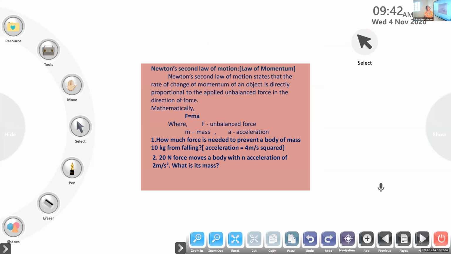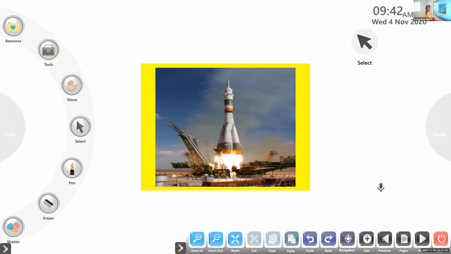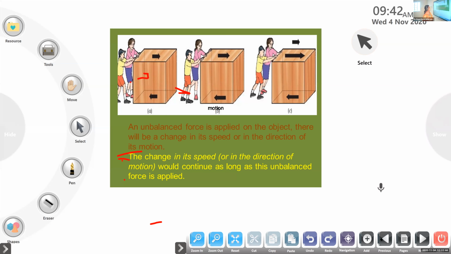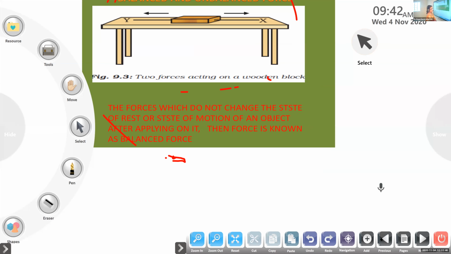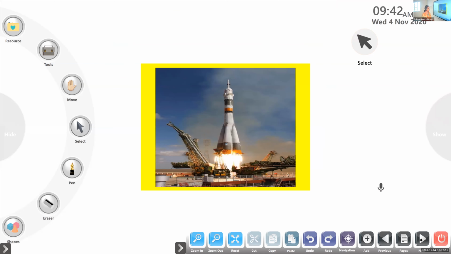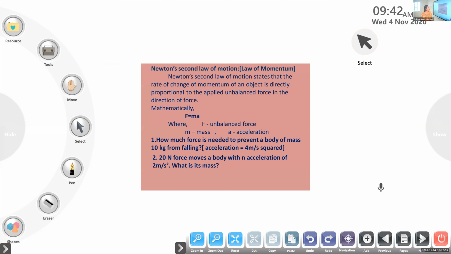So I hope you understood Newton's first law. So what is Newton's first law? Before we go to the first law, Atul has already said the same thing. You don't have to write it because you have already learned it, but those who want to, you can write it.